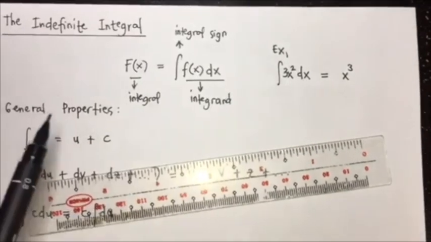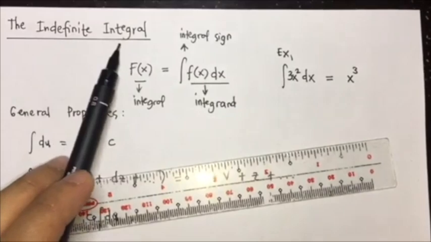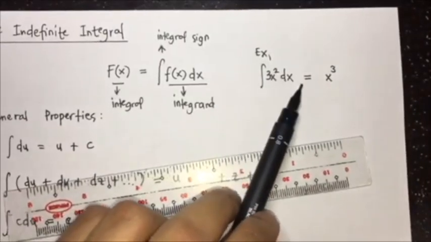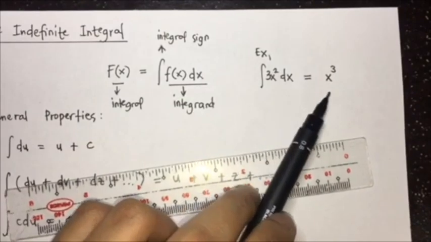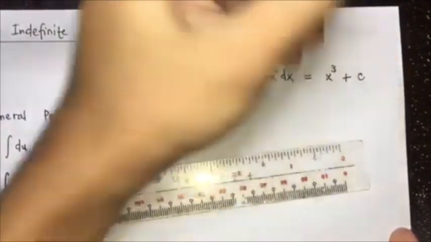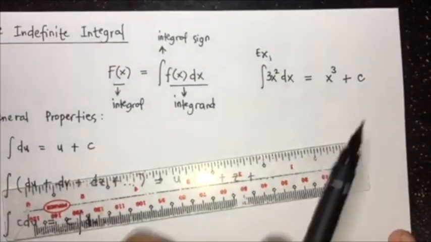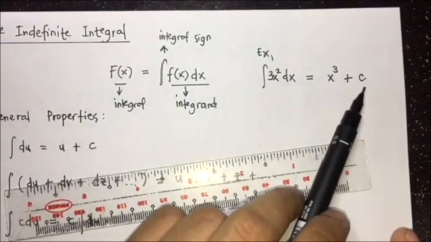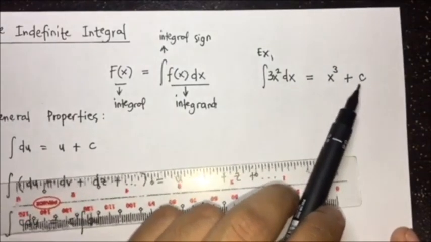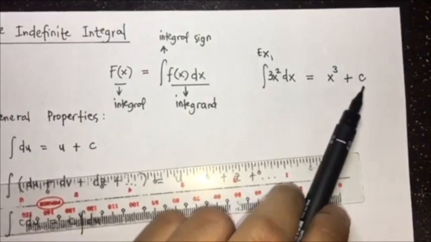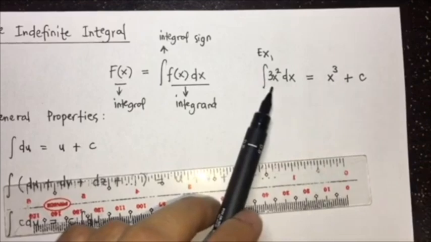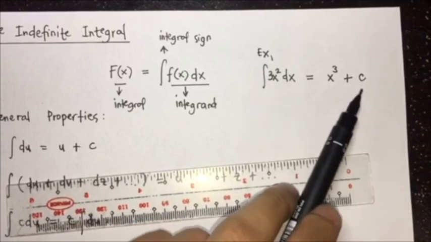Okay, so another thing about the indefinite integral: whenever we perform integration, there is an arbitrary constant that we don't know. It is denoted as c. This constant was omitted when we performed differentiation, and we don't know the value of that constant.